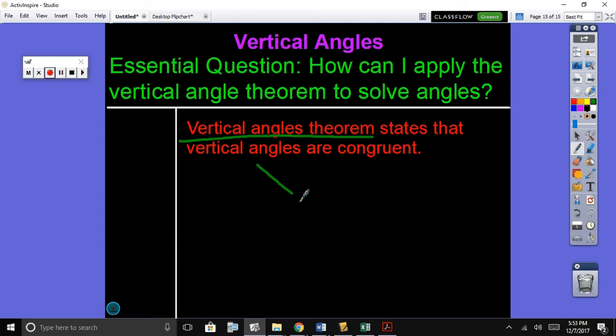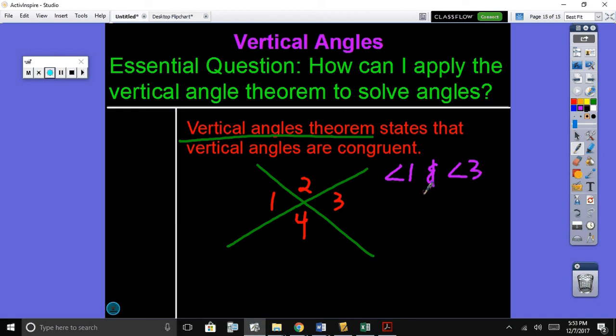So if I'm looking at two lines that cross each other that made four angles, I'm going to label them 1, 2, 3, and 4. That means that angle 1 and angle 3 are vertical, and angle 2 and angle 4 are also vertical.